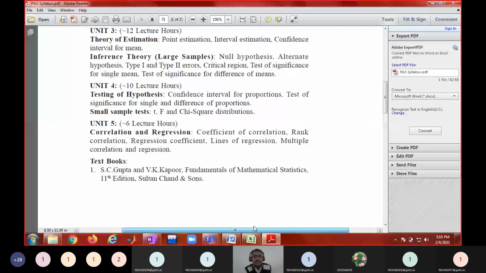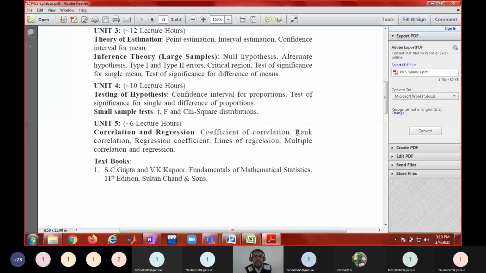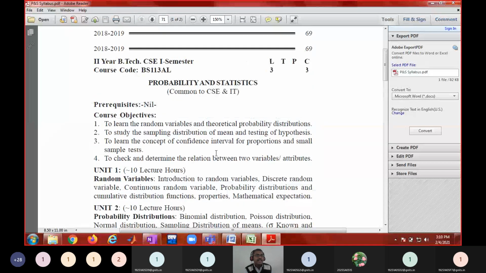Correlation coefficient we computed. Rank correlation we did today. Regression coefficients we did. Lines of regression we did. Multiple correlation and regression we did in today's class. So I think we have completed the fifth unit, and hence we completed the syllabus.